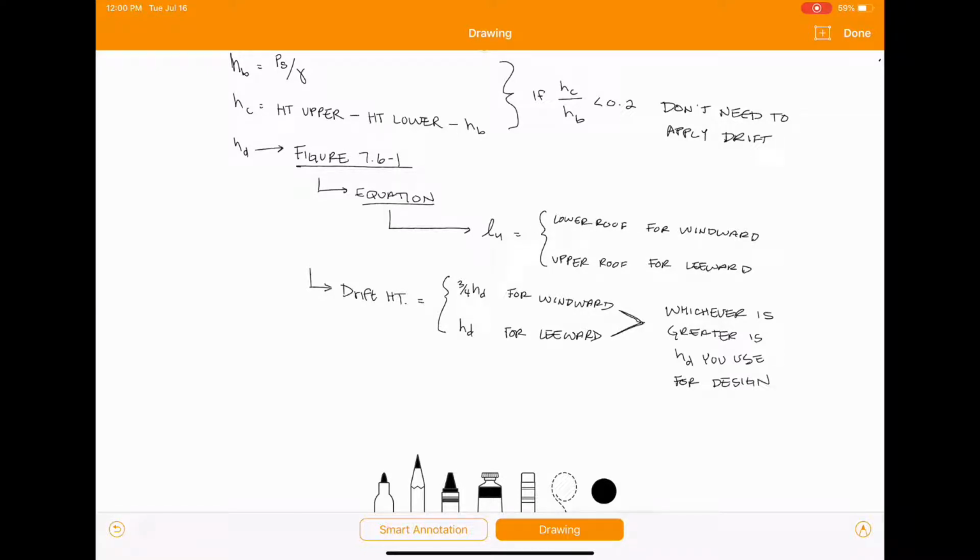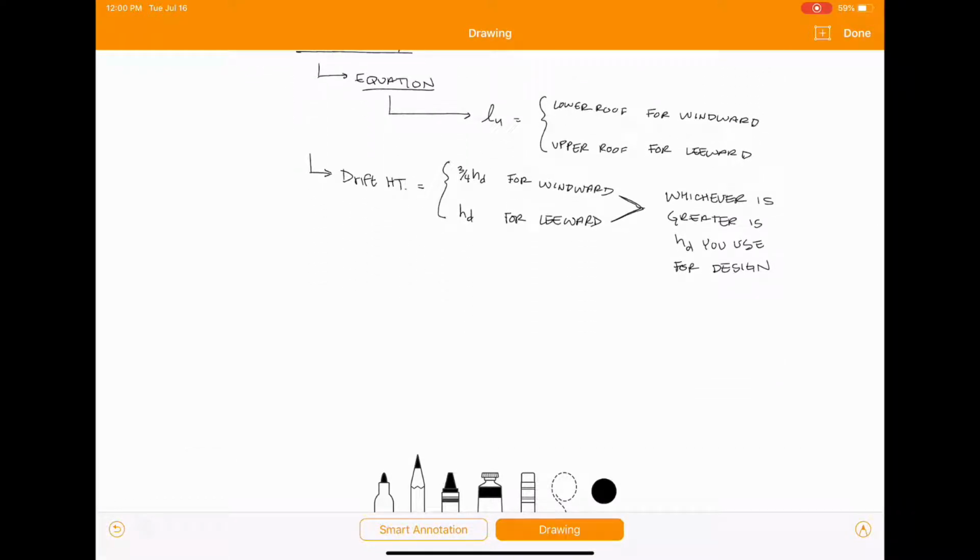Next, we can look at the width of our drift, which in the figure they just define as W. And again, there's going to be a couple different options.